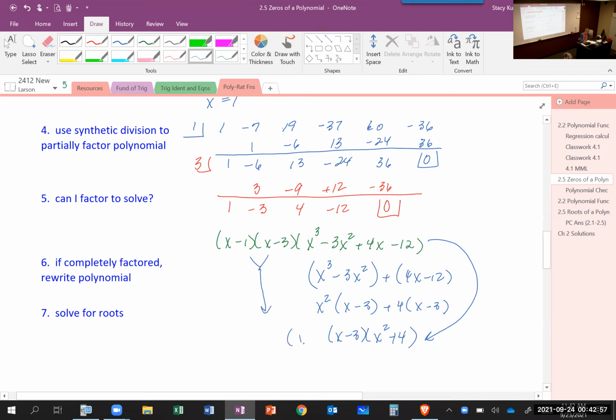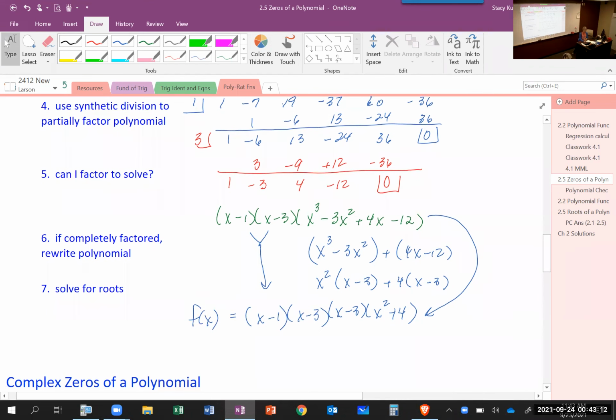So I had an x minus 3 already, and I have an x minus 1 that we found already. Could we combine the x minus 3s? We could, if you want: x minus 1, x minus 3 squared, x squared plus 4.